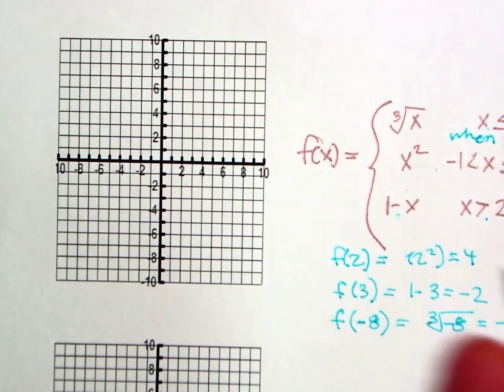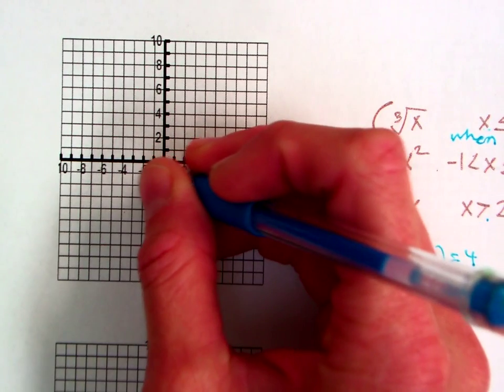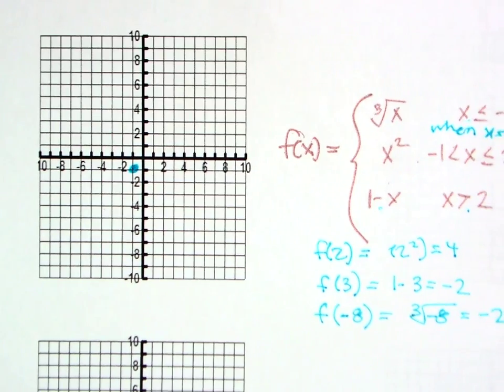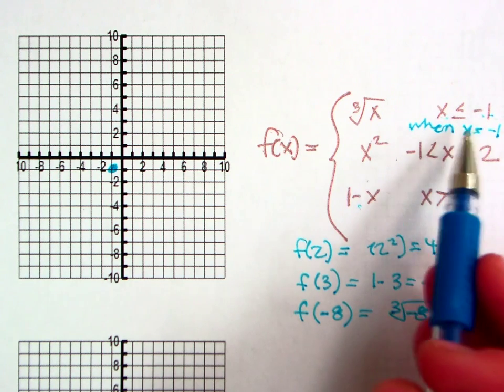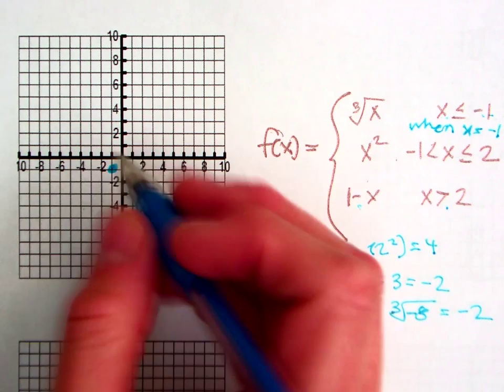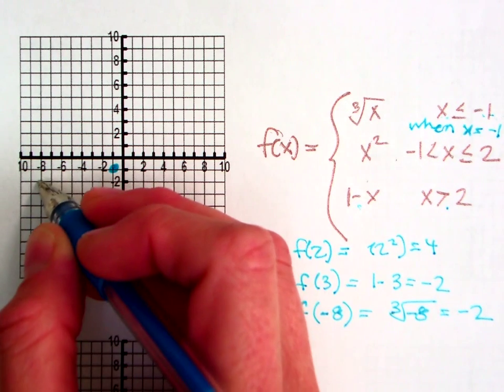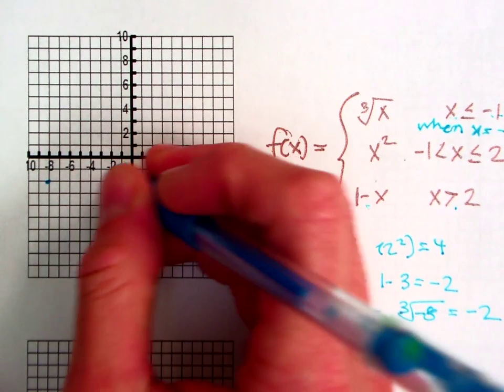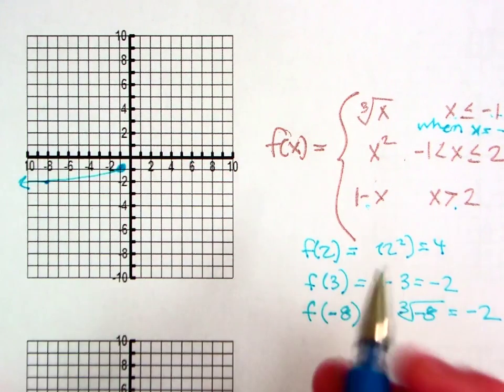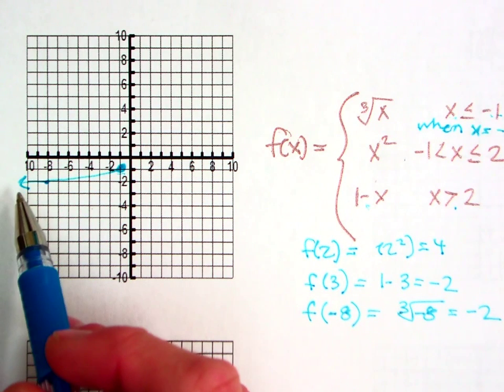So I come over here and I put a closed circle on negative 1. Now I want the rest of the cube root, but I want it to the left of negative 1 because I want it to be less than. So I'll just plot one more point on the cube root, which is negative 8, negative 2, and then I'll go ahead and put an arrow because it's going forever less than negative 1.